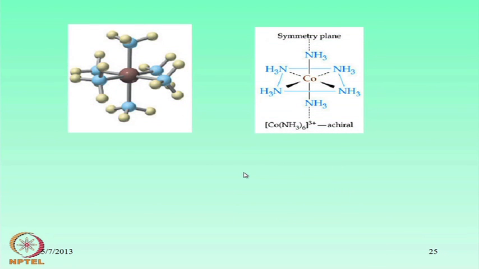Then we have what we just saw for the other compound which has the symmetry plane. If it is a dichloro compound, it is also achiral, and if it is a hexaammine compound, it is also achiral, because we have the symmetry plane inside the molecule which divides the molecule into two, and one half is the mirror image of the other.